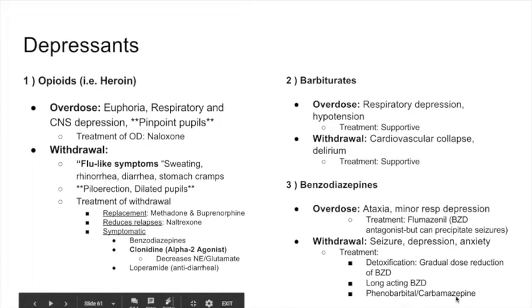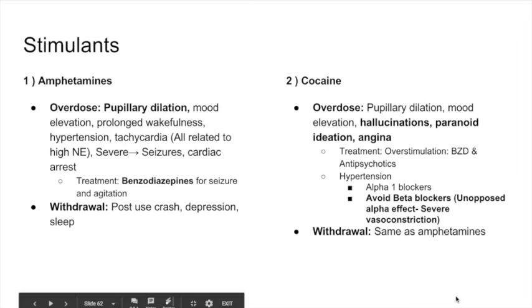The next category of drugs is stimulants, and the one major idea is that they increase norepinephrine in the CNS and sometimes in the periphery too, and they stimulate everything. For amphetamines, you recognize overdose because patients are super hyper.